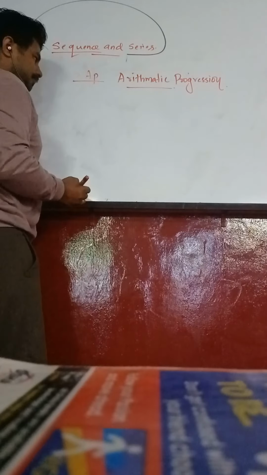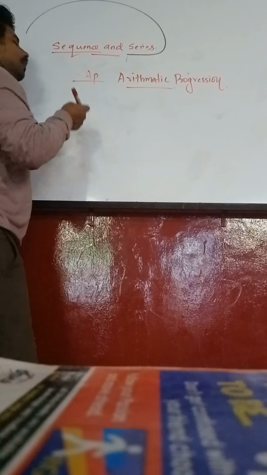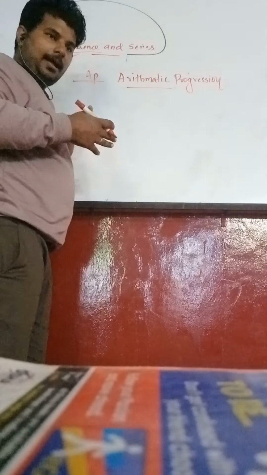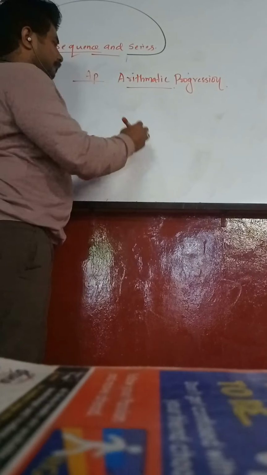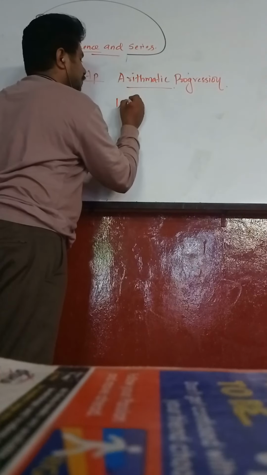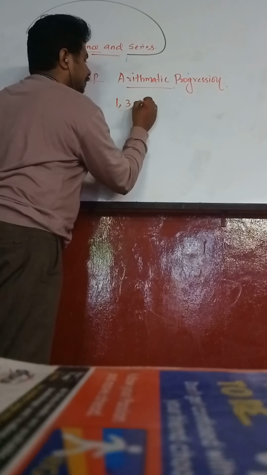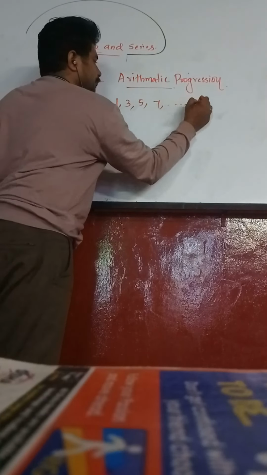If a sequence is progressed by the same number, then it is called an arithmetic progression. We are going to see an example. We are using the example 1, 3, 5, 7, etc. up to n.